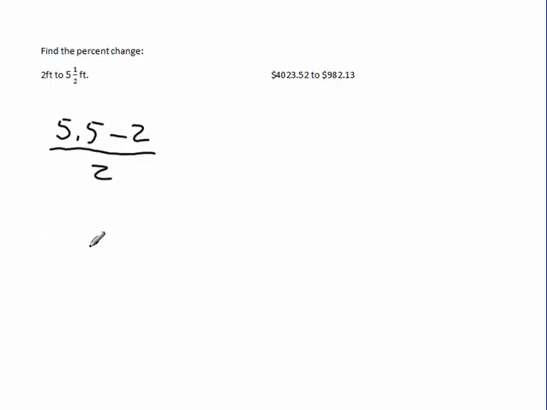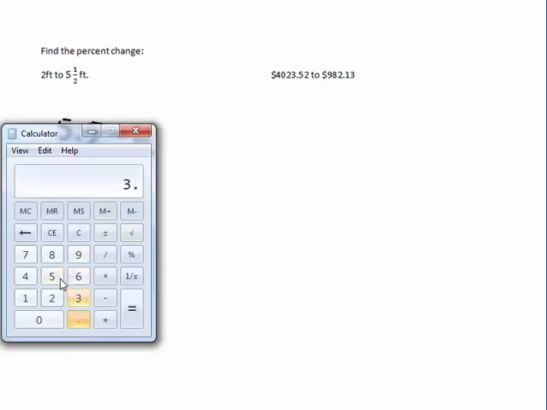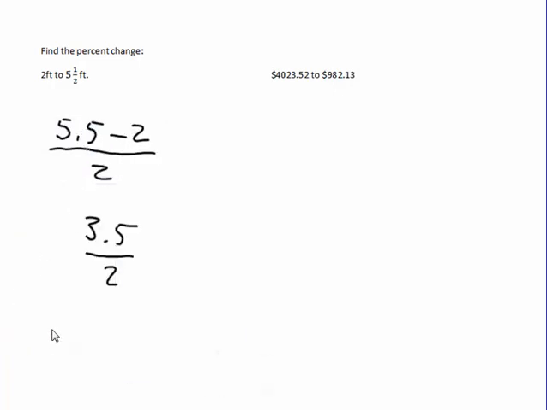And 5.5 minus 2 is 3.5 over 2. And again, I need my calculator here. So 3.5 divided by 2 is 1.75. So 1.75 is my answer. Did it increase by 1.75%? No. We have to move that decimal place 2 units to the right, and that lets me know I have a 175% increase.